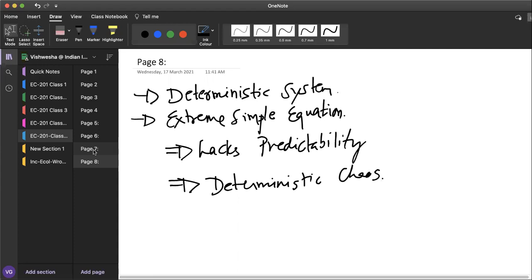This meant that the weather is extremely hard to predict over long times. That's why there's this famous analogy that people give, right? A butterfly fluttering somewhere across the continent can lead to tornadoes somewhere else, halfway across the globe.